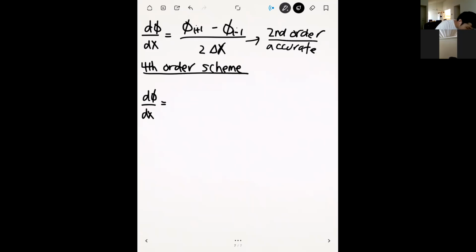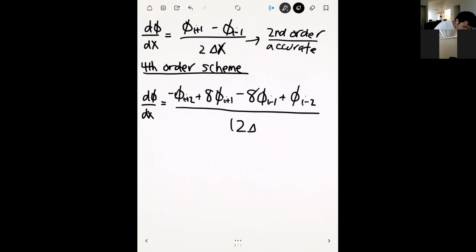So we have minus phi I plus 2 plus 8 phi I plus 1 minus 8 phi I minus 1 plus phi I minus 2. Okay? And all this is going to be divided by 12 delta x.